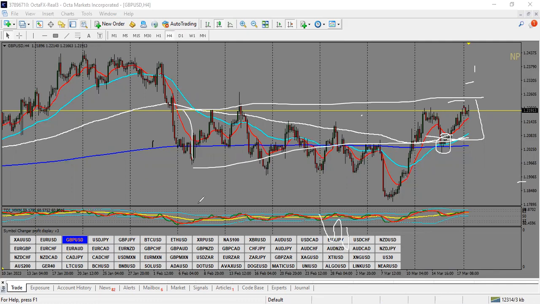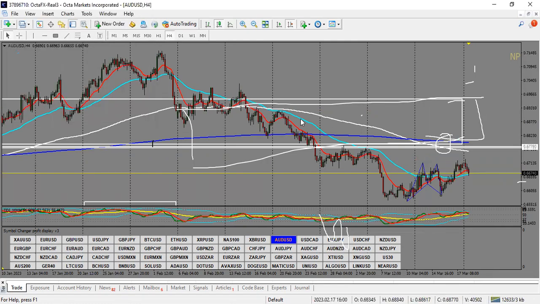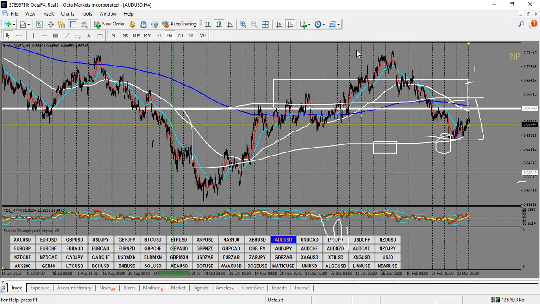So if you check AUD USD, it is a buy, but it's not yet buying. It has completed its own level already, right?